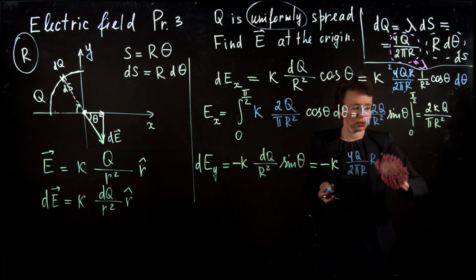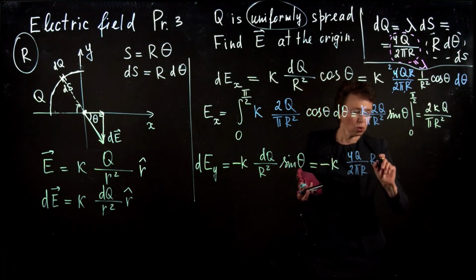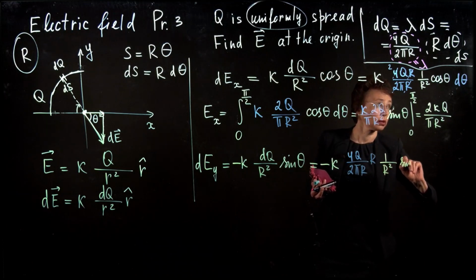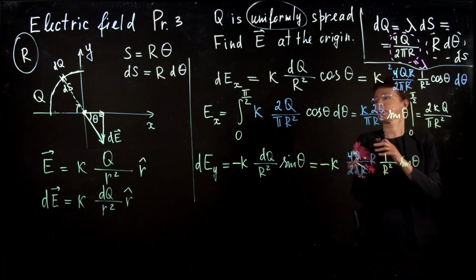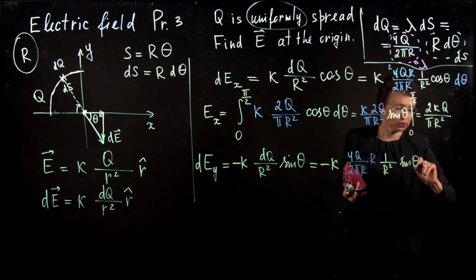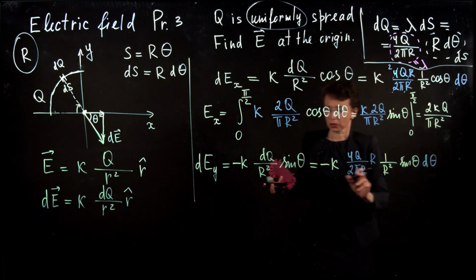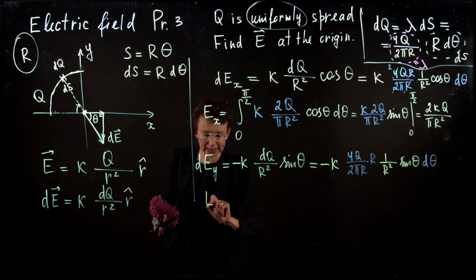Oh, I forgot 1 over r squared. 1 over r squared sine theta and d theta. So I put d theta that comes from dq. So this is our dEy, and now I need to integrate.